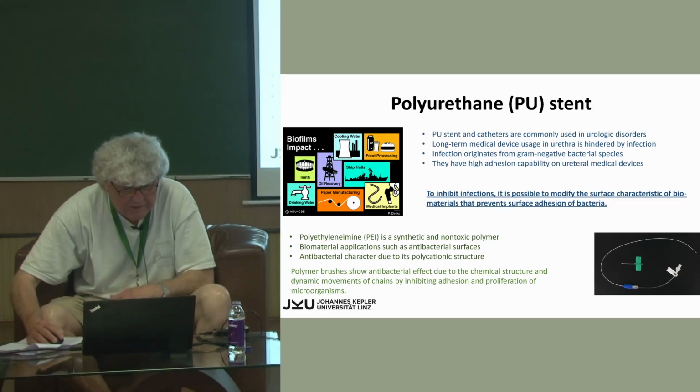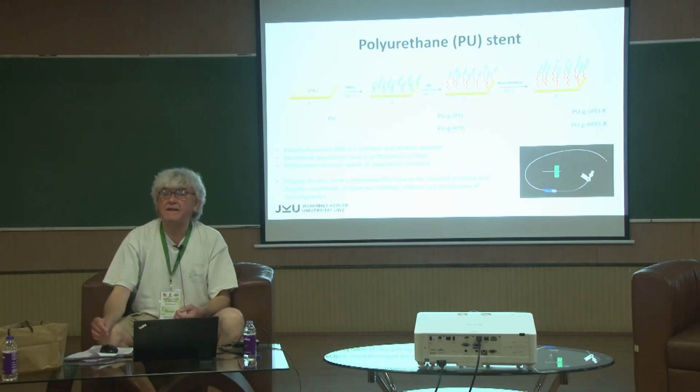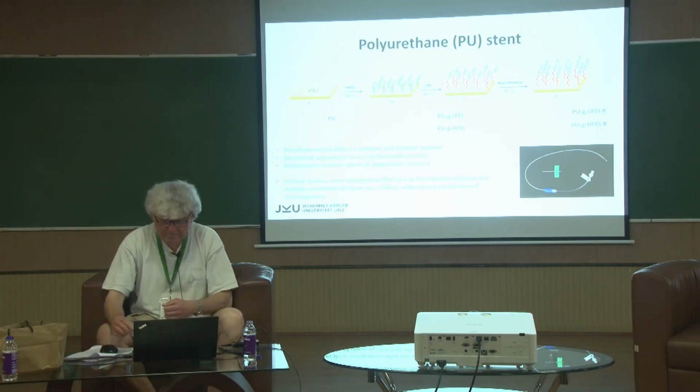And we tested how these different brushes, which have different properties like charge and hydrophobicity, so they display different charges and also different hydrophobicities, and how these surface coatings are effective against bacterial adhesion.